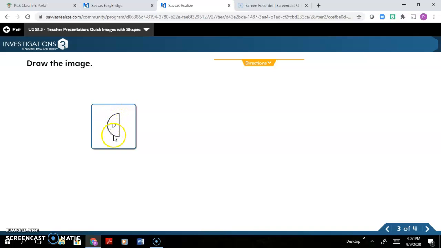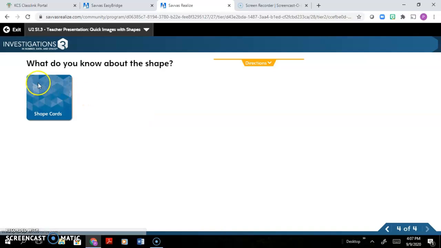Just one half of a circle. All right, does it have any straight sides? Does it have any curved sides? What about points or corners? Does it have those? Okay.